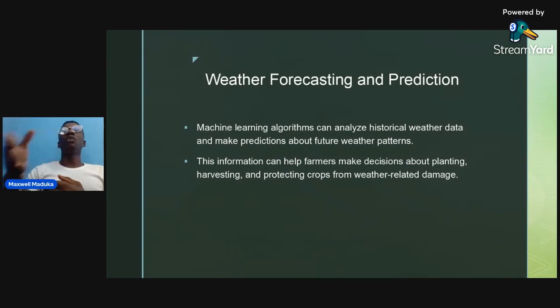Machine learning algorithms can analyze historical weather data and make predictions about future weather patterns, and also steps that can be taken to make the best out of those patterns. This information can help farmers make decisions about planting, harvesting, and protecting crops from weather related damage. Next slide.